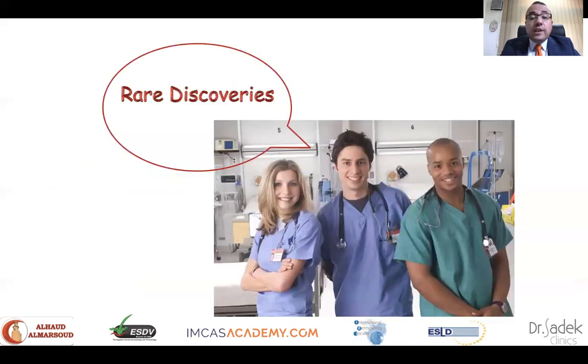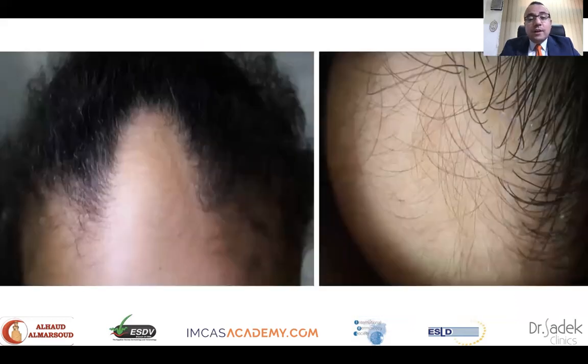So in the fourth scenario, we go for the rare discoveries where everybody gathers to see what's going on. In these rare discoveries, I won't ask questions because I know they are rare. So let's just assess together. The one on the left side of the slide is the clinical image of a 12-year-old girl suffering from patchy hair loss in the frontal region of the scalp all her life.